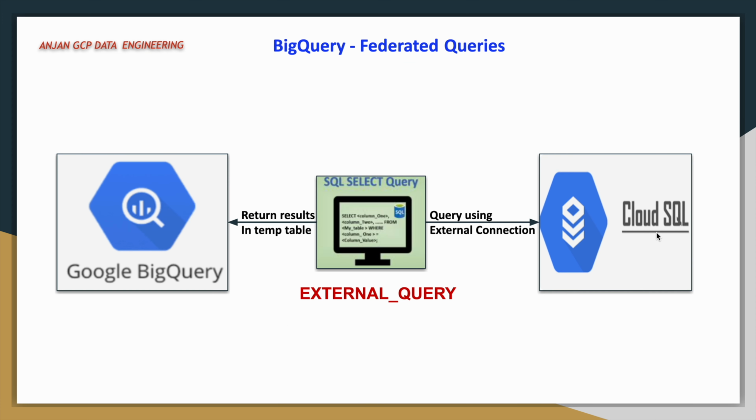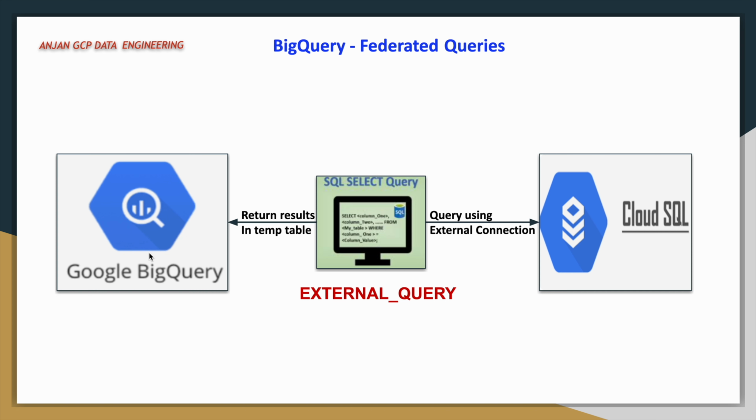Here I have created one table in the Cloud SQL instance. It's a simple table, a master table, a product master table. It will have a product name and product description or something. And I have a product sales details table created in my BigQuery, which will have some sales information.